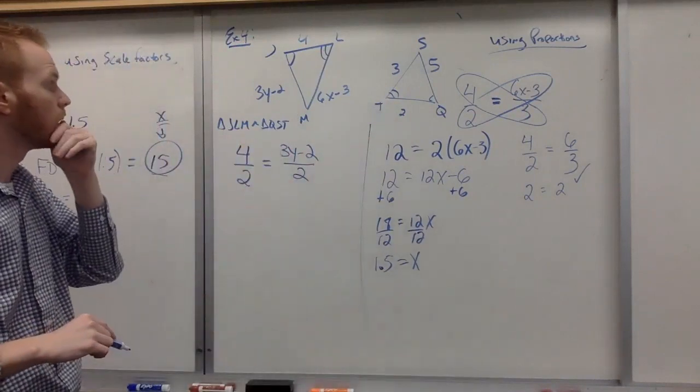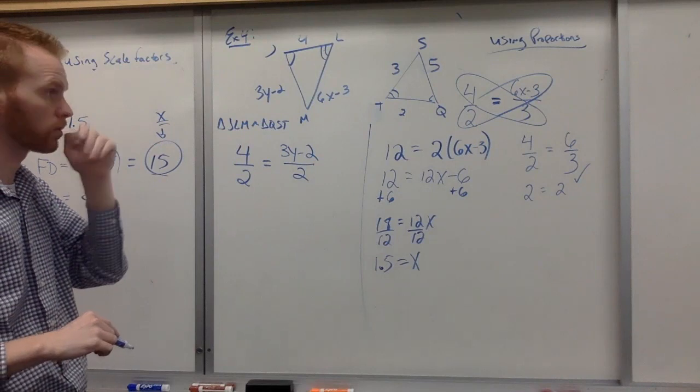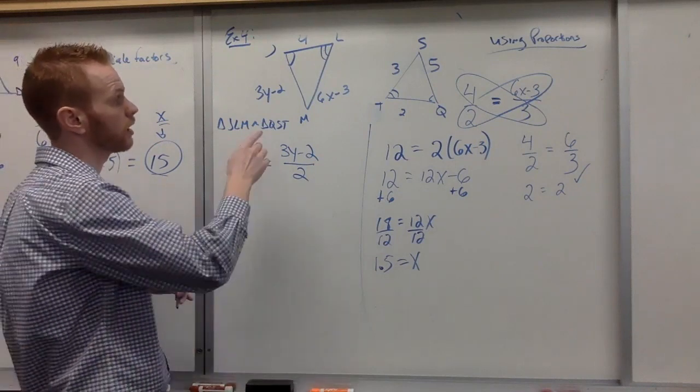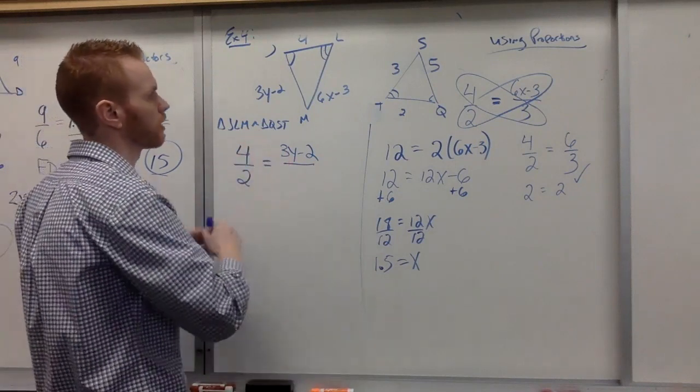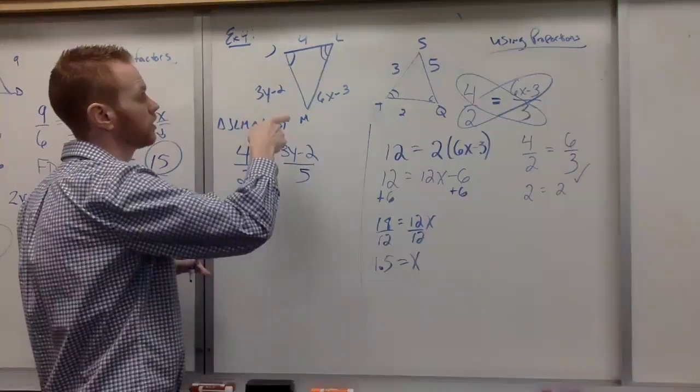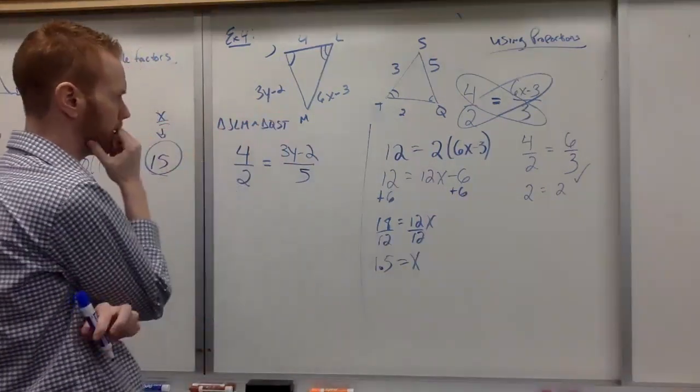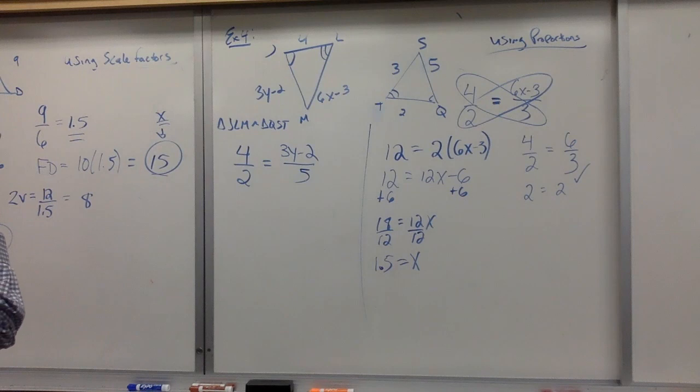Or, there's an or here. Or you could take a look, and actually, oh, not 2. I apologize. It's a 5. Wait a minute. Did I do this right?